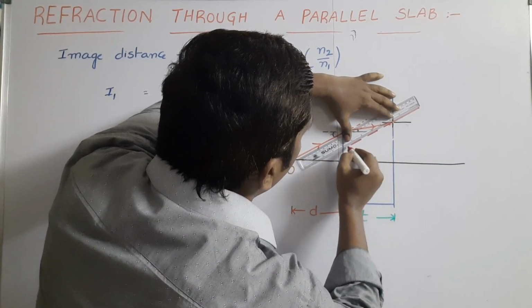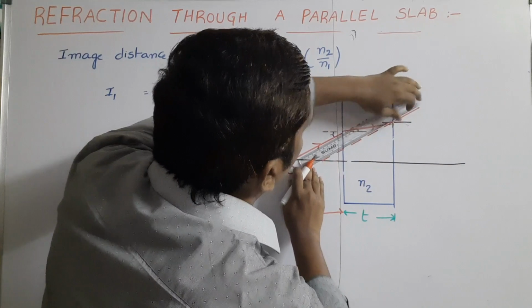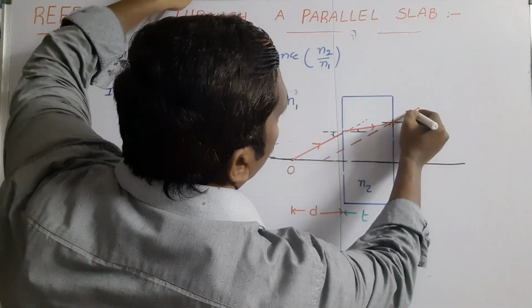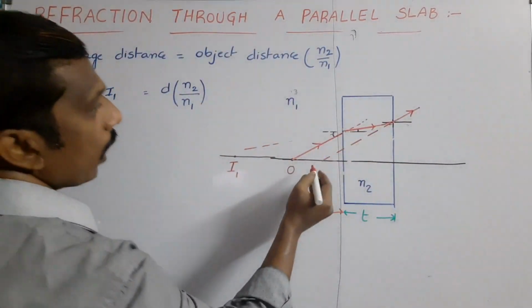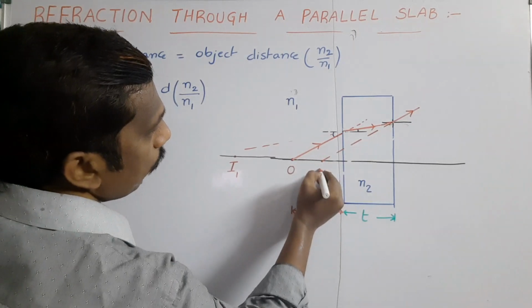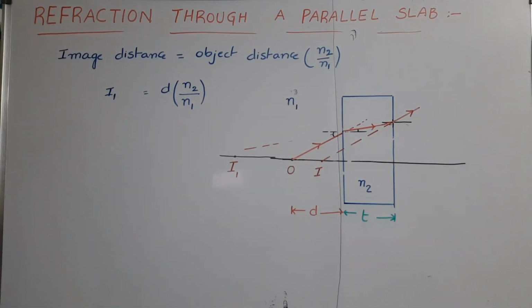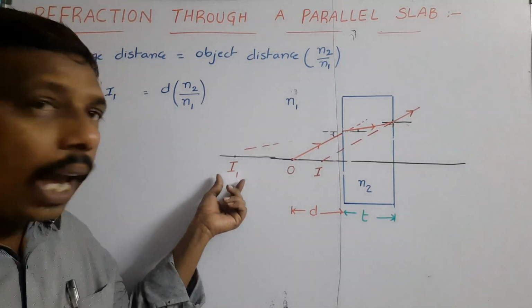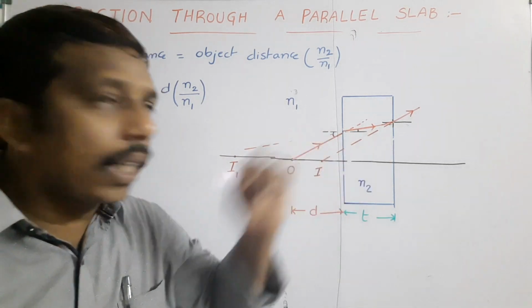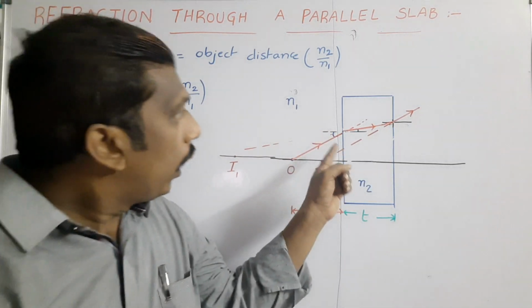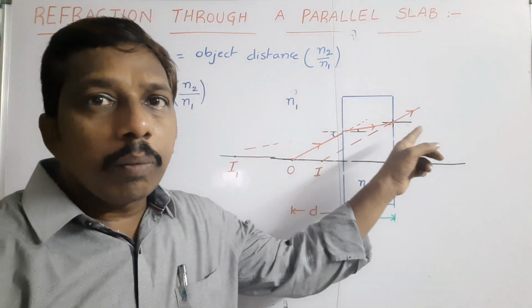If you extend it back, after the second refraction, it forms an image here. This image is taken as I2. Clear? This image acts as the object for the second surface. Here the light ray travels from this medium to this medium.